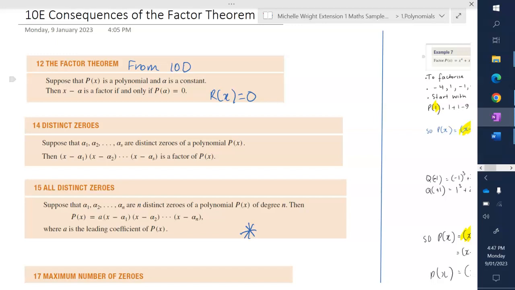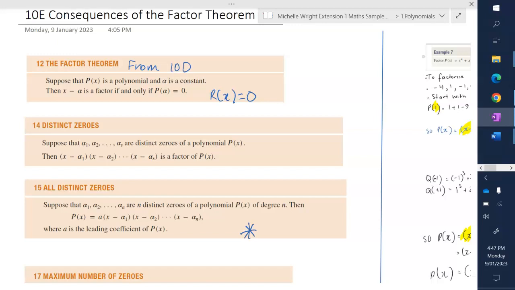Remembering that x minus a is linear, if we pop a, or alpha, into our polynomial and we get 0, then it means it's a factor of our polynomial, which means we've got no remainder. That would give us a 0, basically. So that's what we're going to look at the consequences of today.